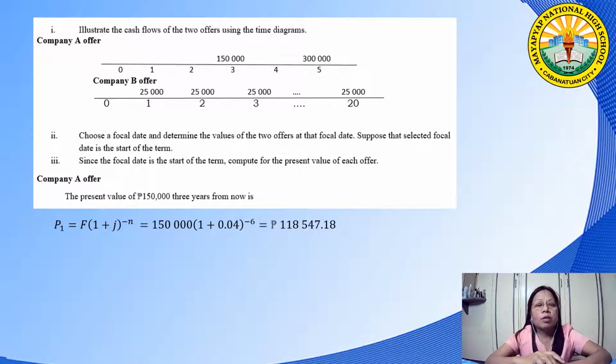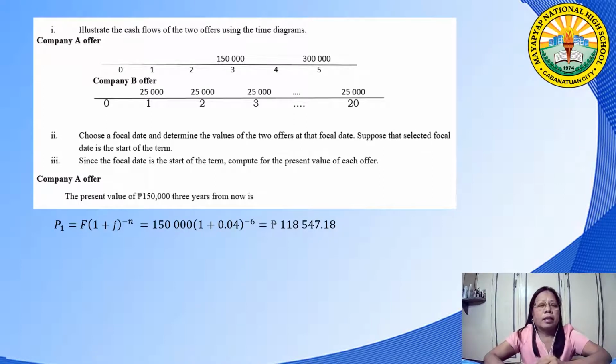So P sub 1 is equal to F times quantity 1 plus j raised to negative n. Substituting the given values, that is 150,000 pesos times quantity 1 plus 0.04 raised to negative 6 equals 118,547.18.